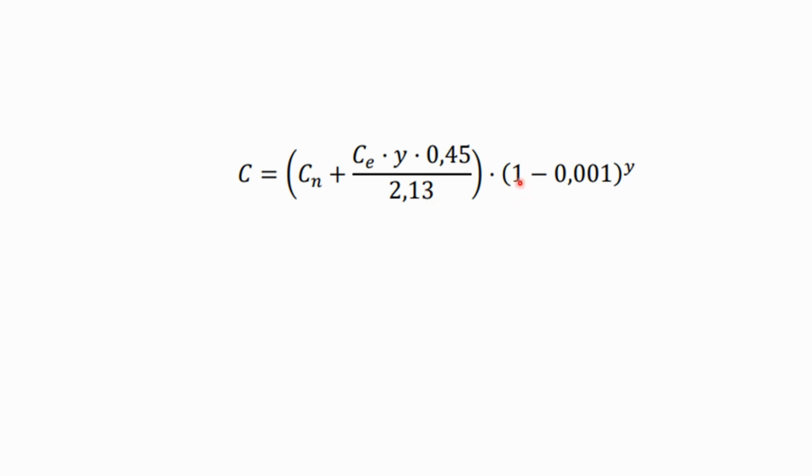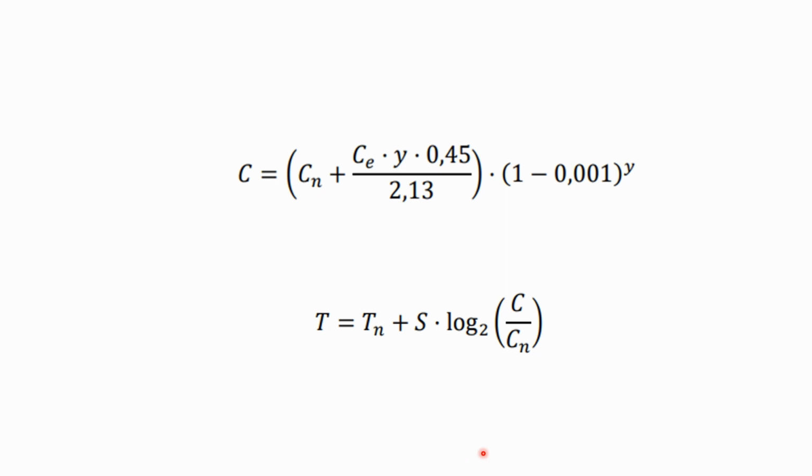And then we multiply it with this here that shows that some of the carbon in the atmosphere will transfer to the oceans. So based on this formula, we can find the concentration of carbon in the future if we know how much carbon will be emitted year by year.